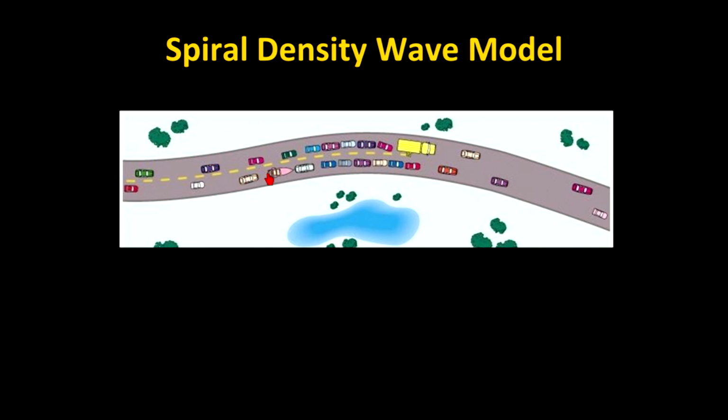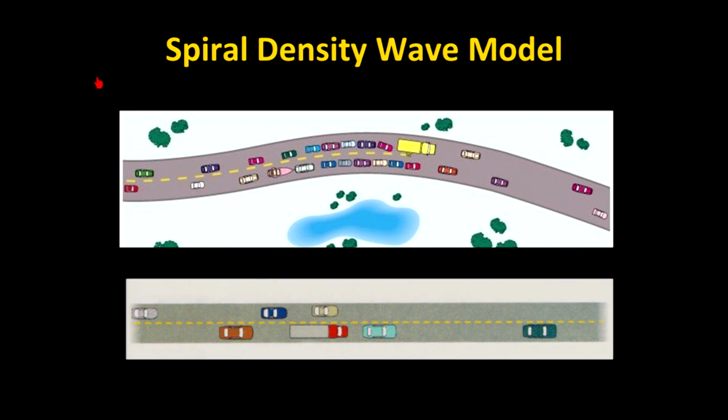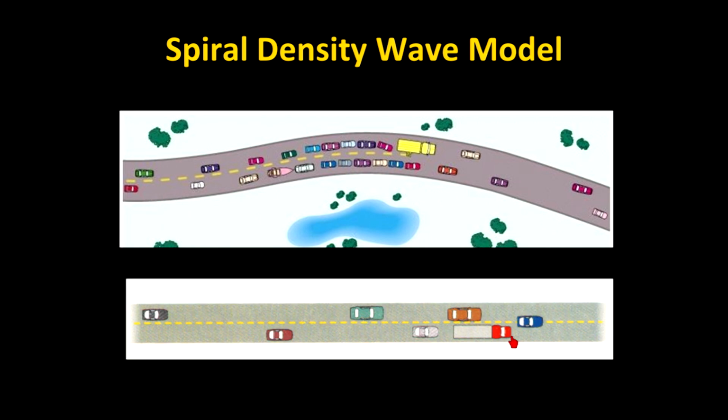So you have cars starting to bunch up as they're trying to go past the slow-moving truck. And so you have lots and lots of cars going by, but then there's a little bit of chaos as they're slowly taking their time, one by one, trying to work around the moving truck. What I'm going to do is actually animate this to give you the idea. And it'll repeat over and over again.